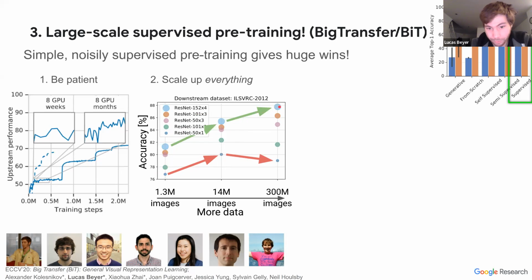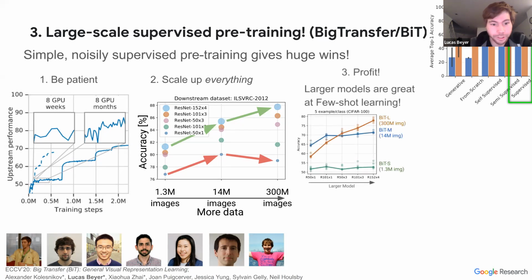And this light blue model is gigantic. ResNet 152, 4 times wider. This is super slow, mega massive. I think it took us at Google 2 or 3 weeks to train it, and we had a lot of resources. So it's not something you really want to do. But if you do, you get a lot of benefits.